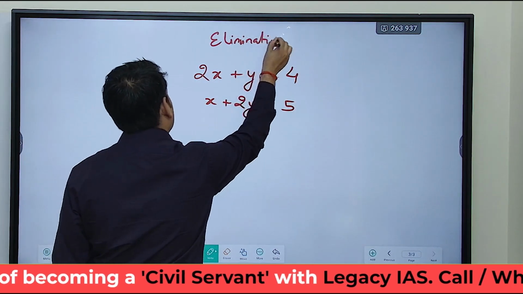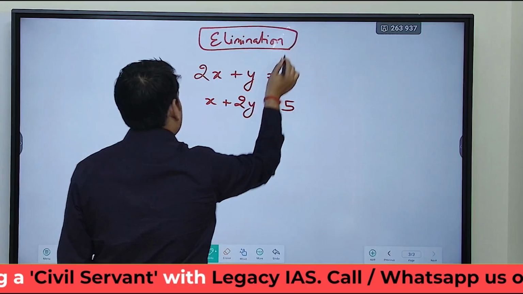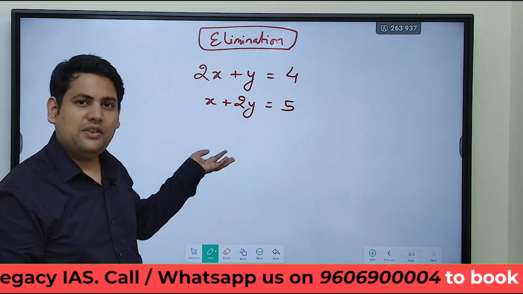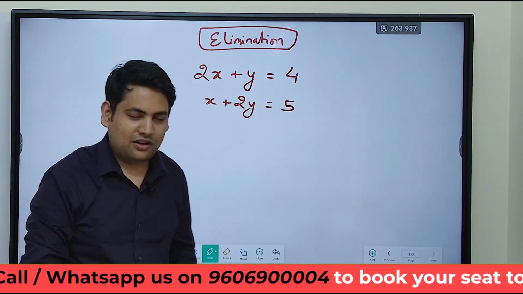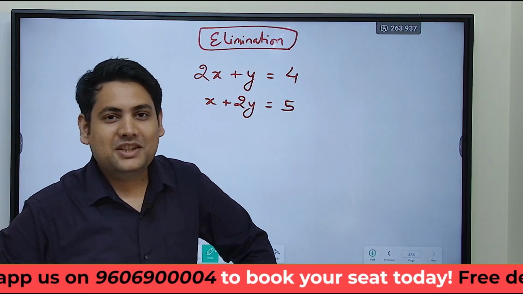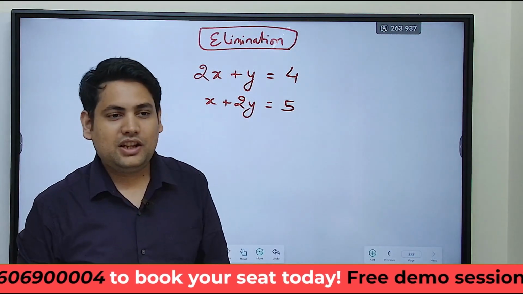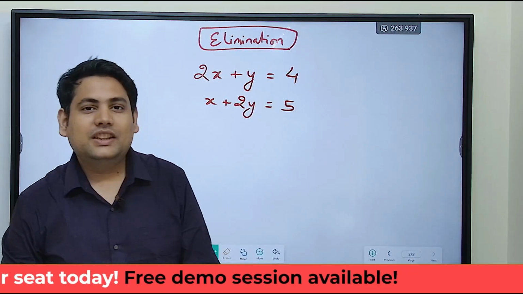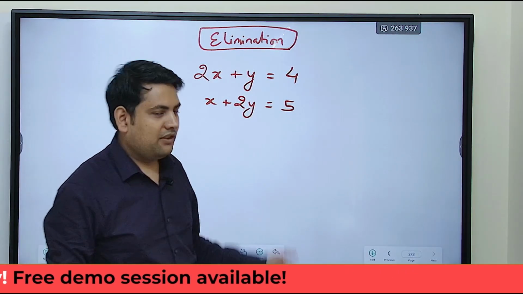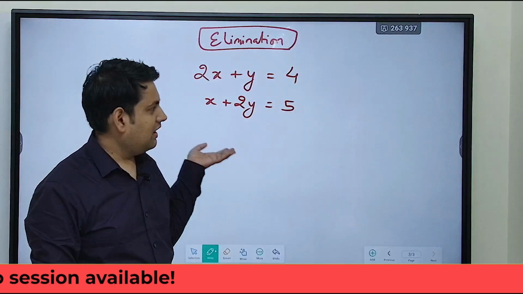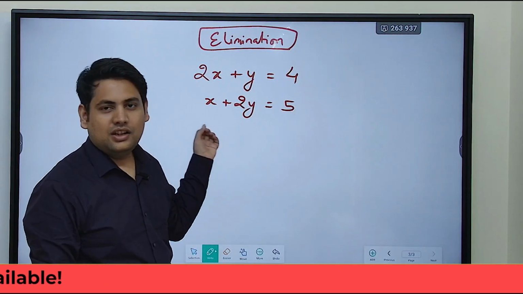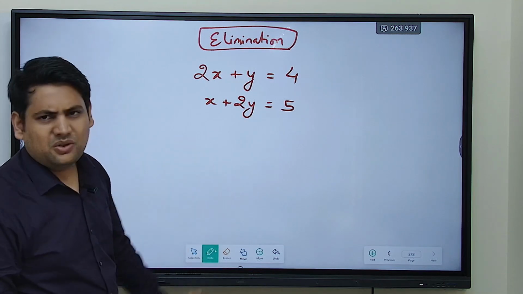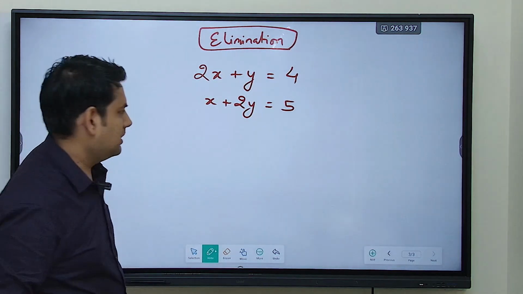This is the most important method, one of the fastest methods, and this is the way that most people eventually start following. When you are a small child and you have to learn 5-6 methods, in exams it is also asked to solve using the cross multiplication method, or the determinant method, so you have to learn all methods. But eventually people in higher studies end up solving this way only, that is the elimination method. So we'll learn this method, this only we'll follow for most of the questions.